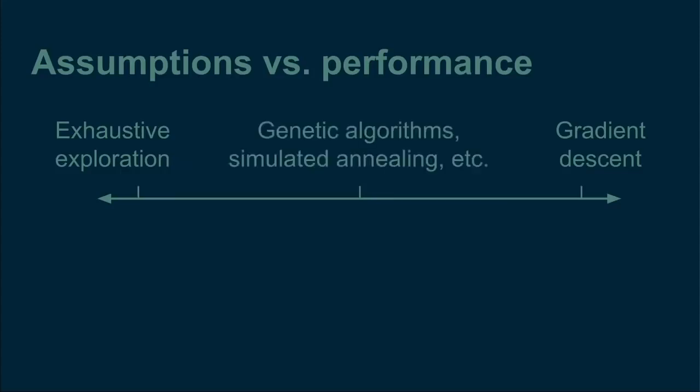So luckily, there are some things in the middle that are more sample efficient than exhaustive exploration, but a little bit more robust than gradient descent. Things like genetic algorithms and simulated annealing. Their defining characteristic is they have a little bit of random jumping around, a little bit of unpredictability, and so they make it harder to slip things by them.